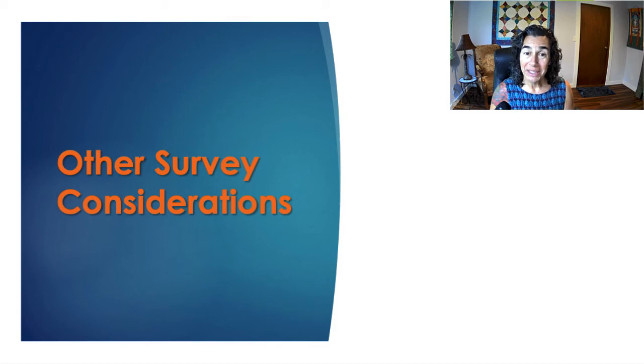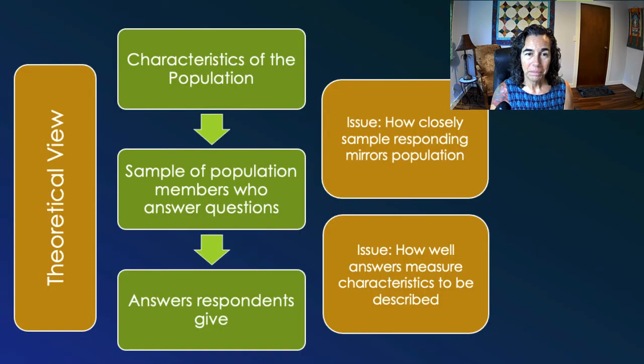Other survey considerations. All right. This is a visual model of some other issues, right? So we look at how a survey works on the larger scale. So what we're really after is the characteristics of the population, right?